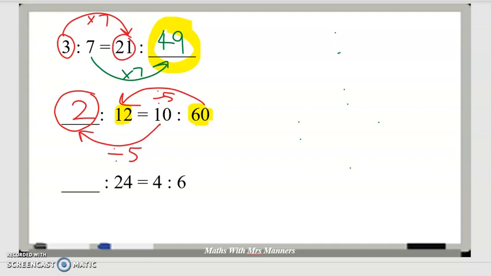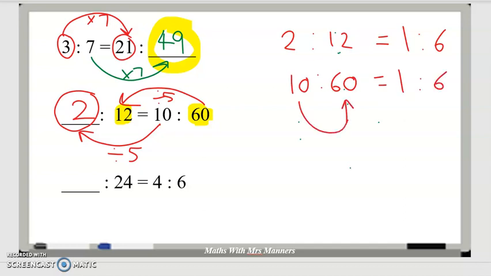Once again, you can always check this. 2 to 12 reduces to 1 to 6. Hopefully your number skills with ratios are getting better. And 10 to 60 is also the ratio 1 to 6, because my second number is 6 times as big as my first number, or you could just divide both numbers by 10. So I can see that my answers are correct.